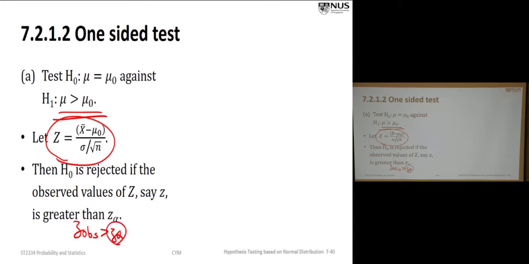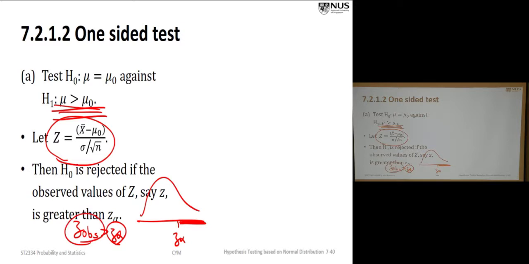For the one-side alternative mu bigger than mu naught, we look for a bigger Z value, because x bar is expected to be close to mu, which is bigger than mu naught. Therefore this is a big positive number if the alternative is true. So we reject if our observed value falls here. This is the rejection region.